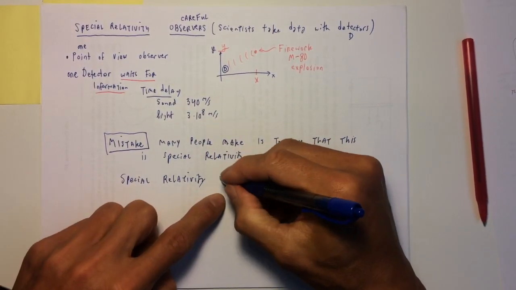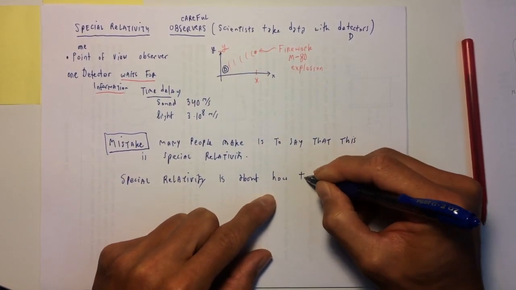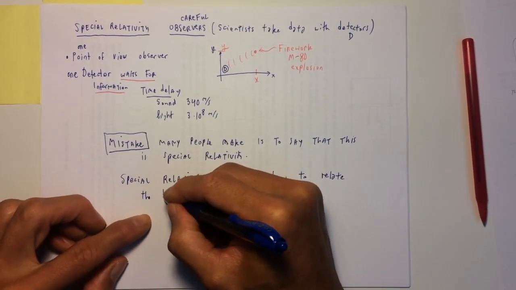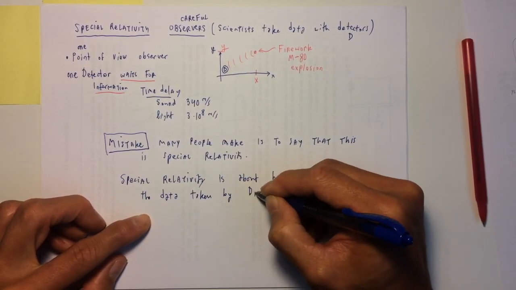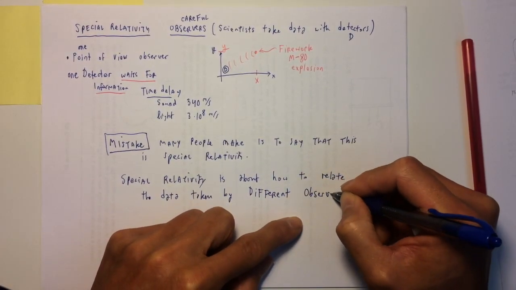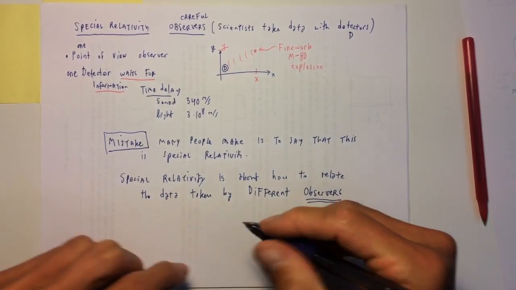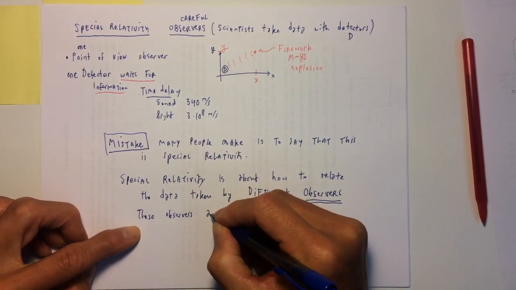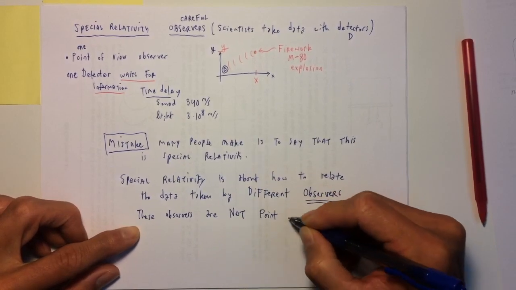So special relativity is about how to relate the data taken by different observers. And these observers are not point of view observers.